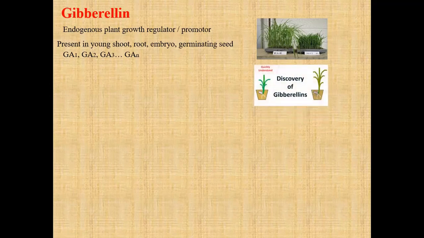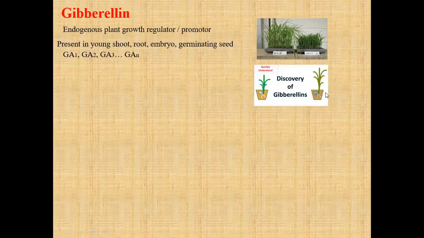There was a scientist who studied why this difference was there. Chemical tests and other analysis were carried out on both plants, those with short height and those with large height along with fungal infection. They came to know that the plant with a yellowish color had a fungal infection, while the plant with a green color and short height had no fungal infection.